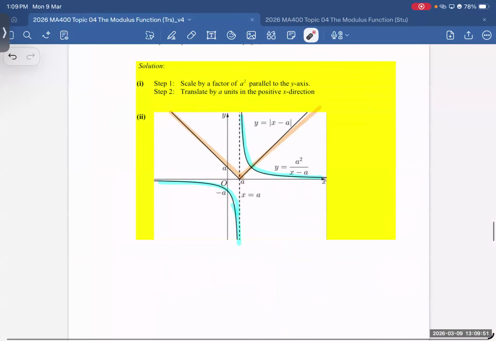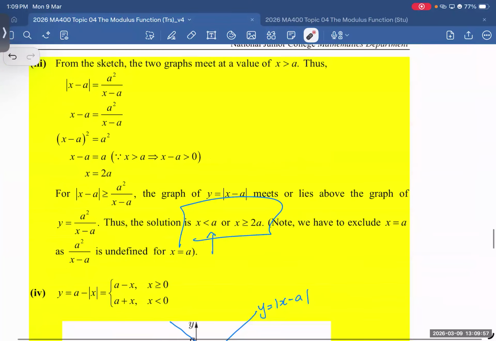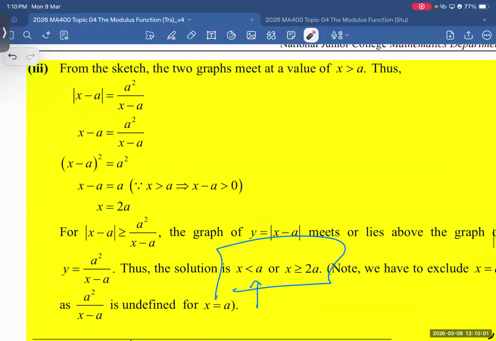Zoom out. Part 3. Now I am at 3.4 part 3.